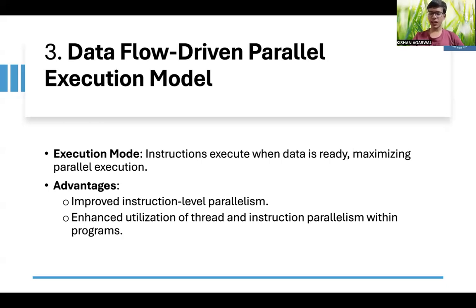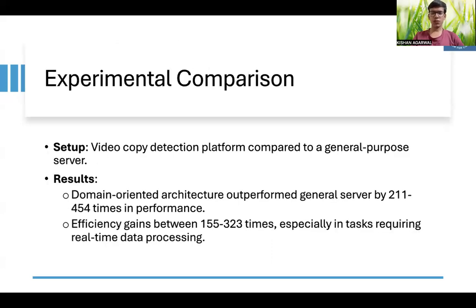Enhanced utilization of thread and instruction parallelism within programs, so that multiple requests and responses can be handled easily based on these threads, and utilization of resources will be more efficient if we use these threads and implement this parallel computing to increase our processing and reduce the time taken to process.